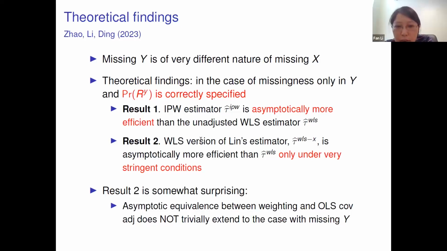That's why I say that Lin's result is actually stronger than the other result, because that one only gets local efficiency, but Lin's result is actually pure efficiency gain. So the theory is basically that the data need a much stronger structure in the covariance structure for this efficiency gain to hold.